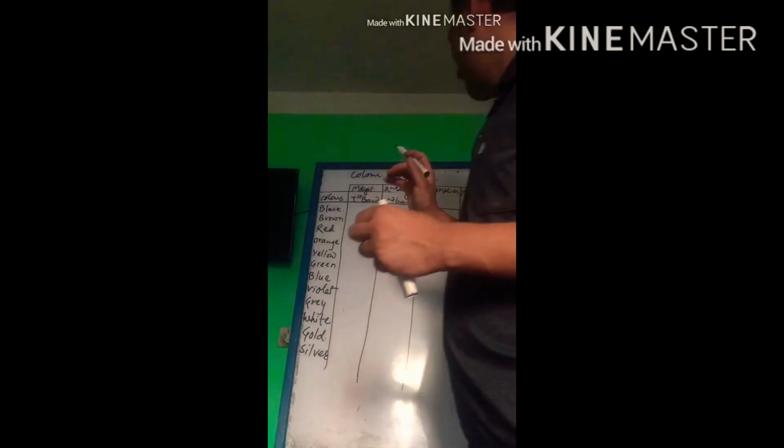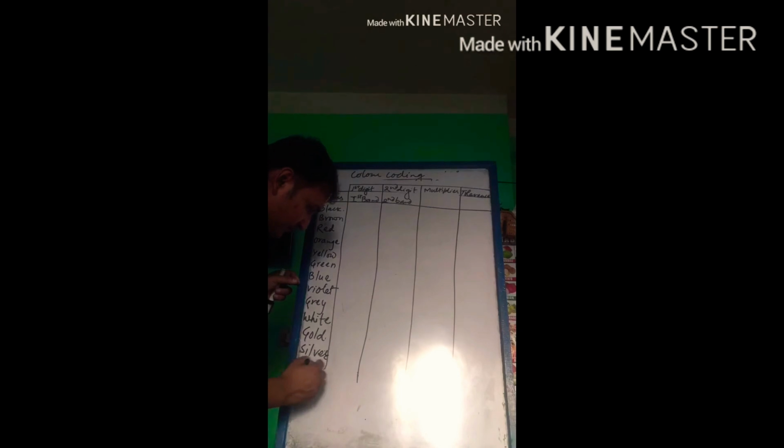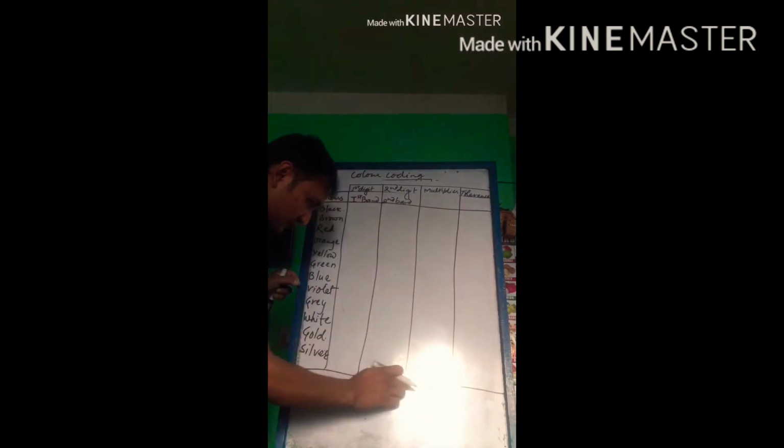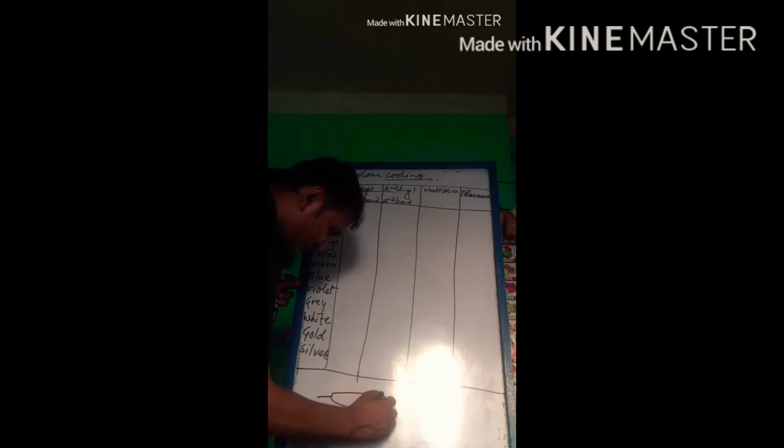So for that, let me draw the resistor over here, and it will be easy for you. So we have seen this resistor here. Here is a golden part, gold color is there in this resistor. This one is red.